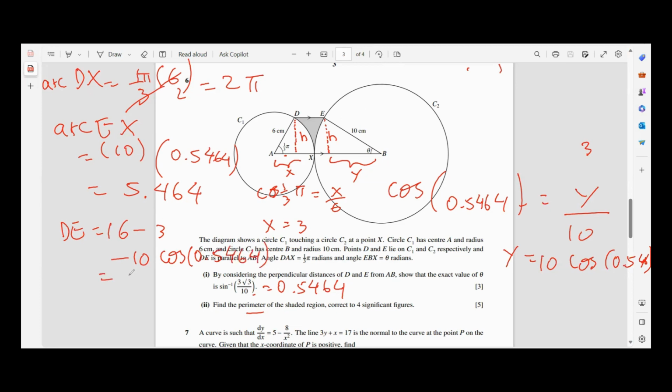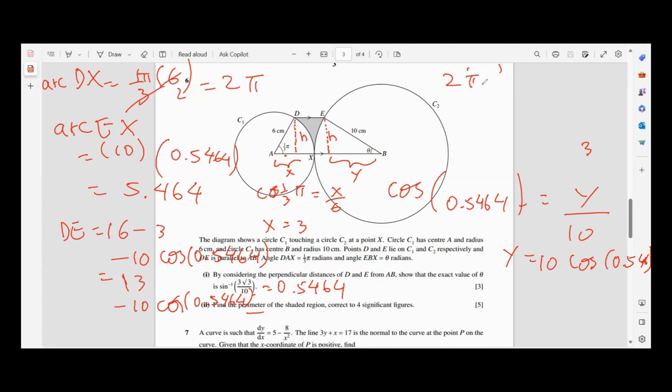So here we shall get the DE, 13 minus 10 cos 0.5464.